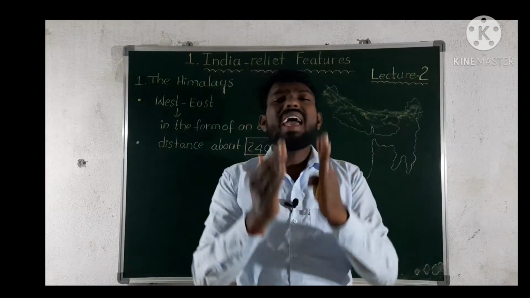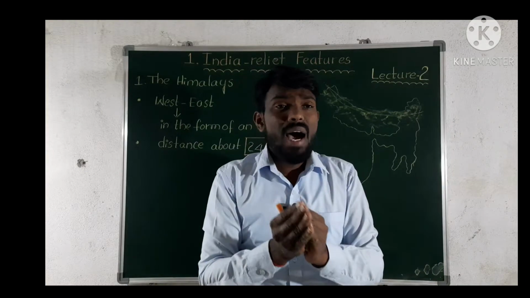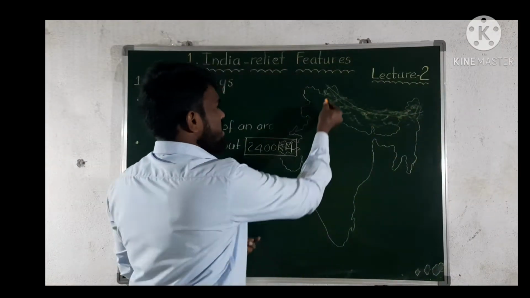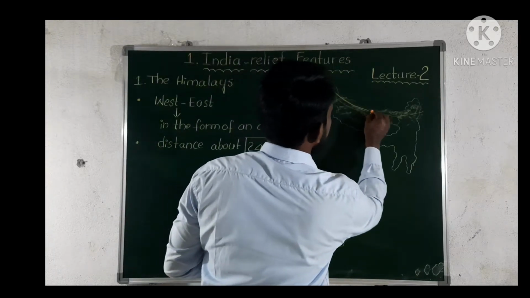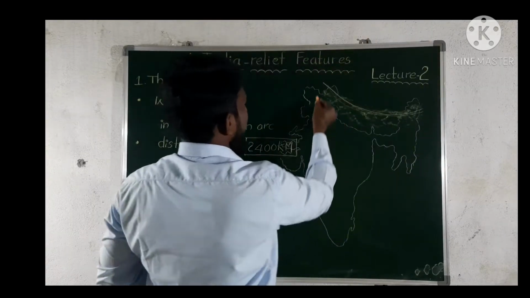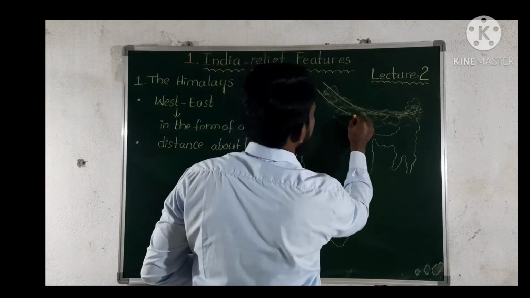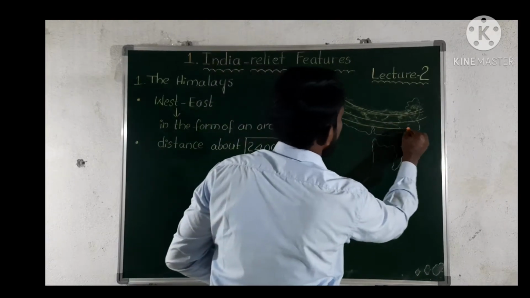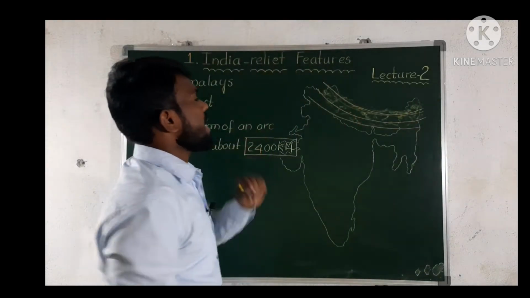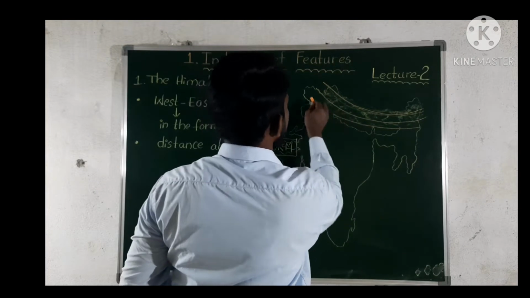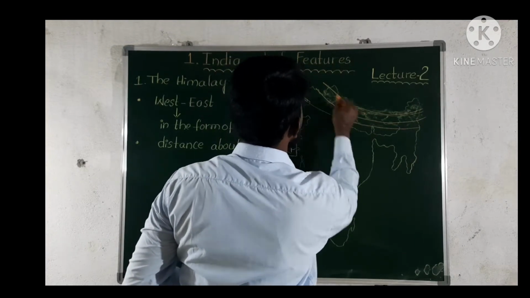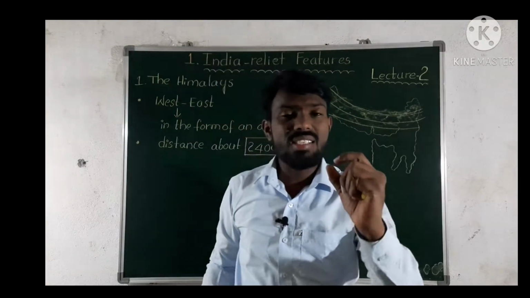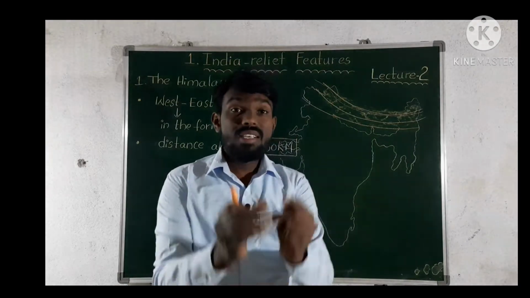And the Himalayas comprise three parallel ranges. This is the first one, and parallel to this, the second range, and again this is the third. Comprises, consists of, or is made up of, these are similar.